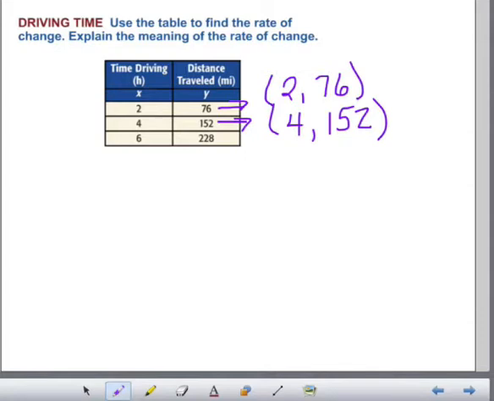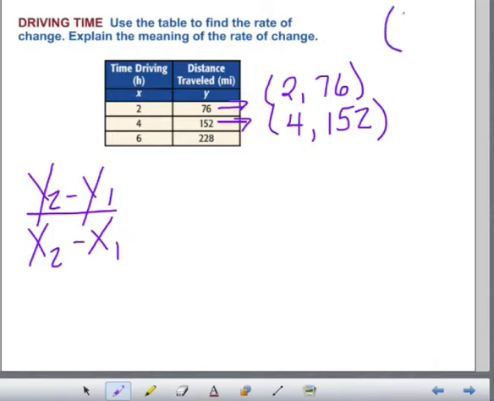Now, it said find the rate of change, which we know is the same thing as the slope. Remember, the formula I gave you was y2 minus y1 over x2 minus x1. Now, let's back up for just a minute. Remember, ordered pairs are always in the form x first, y second, correct?